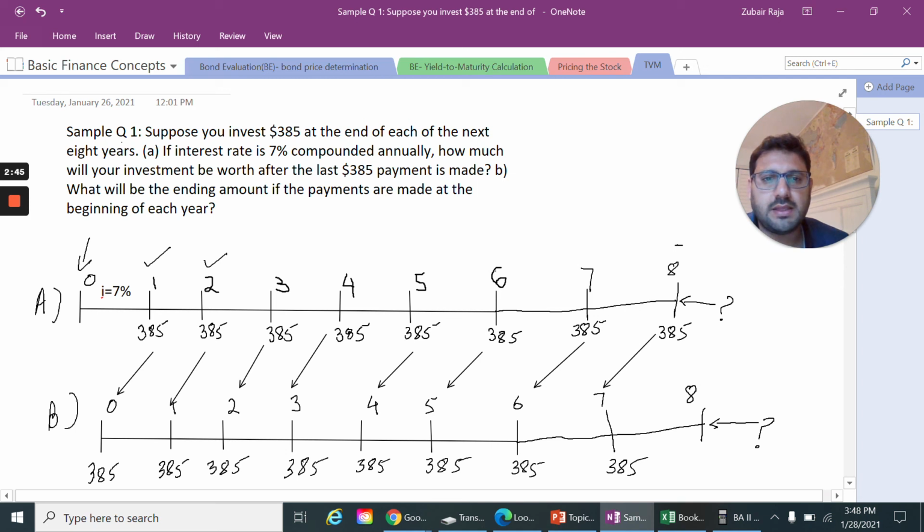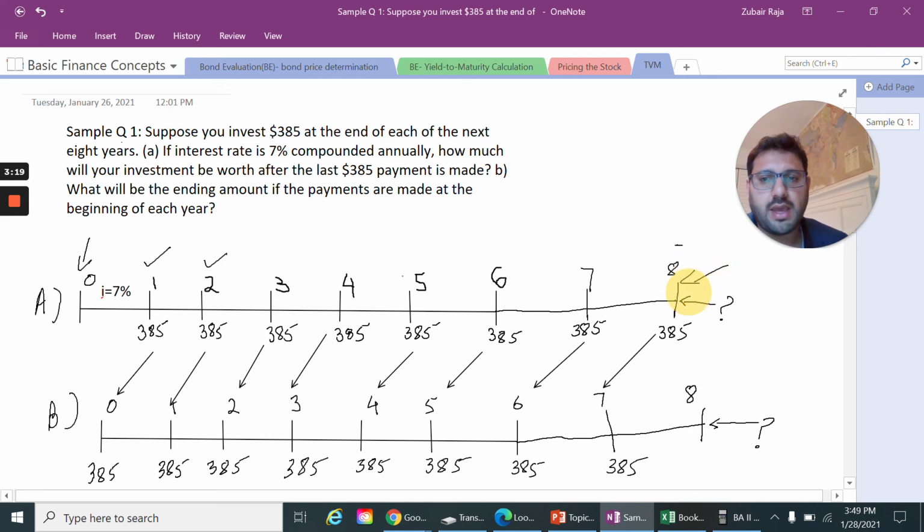Maybe the person is himself interested to deposit, maybe he wanted to save some money for some future expenses, so he has decided to deposit an equal amount of money after a fixed interval of time. And if the guaranteed interest rate is 7%, then he wanted to know what would be the worth of all this investment at the end of the eighth period, right?